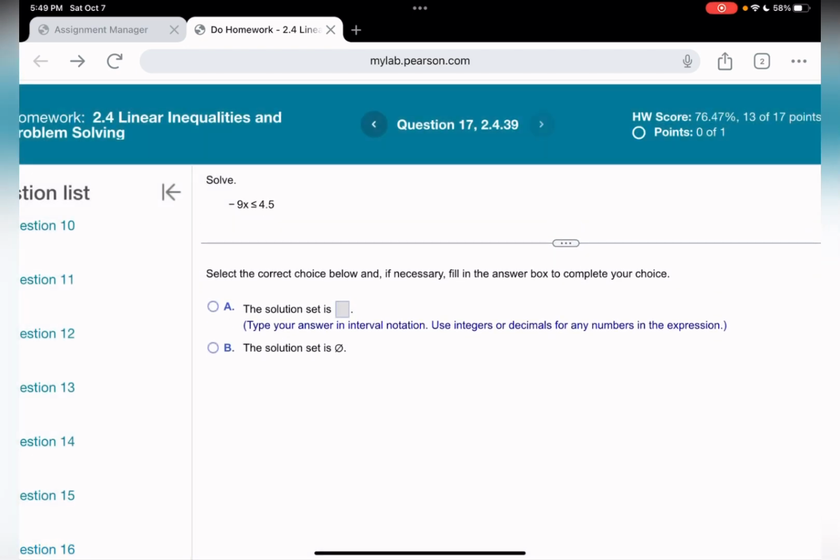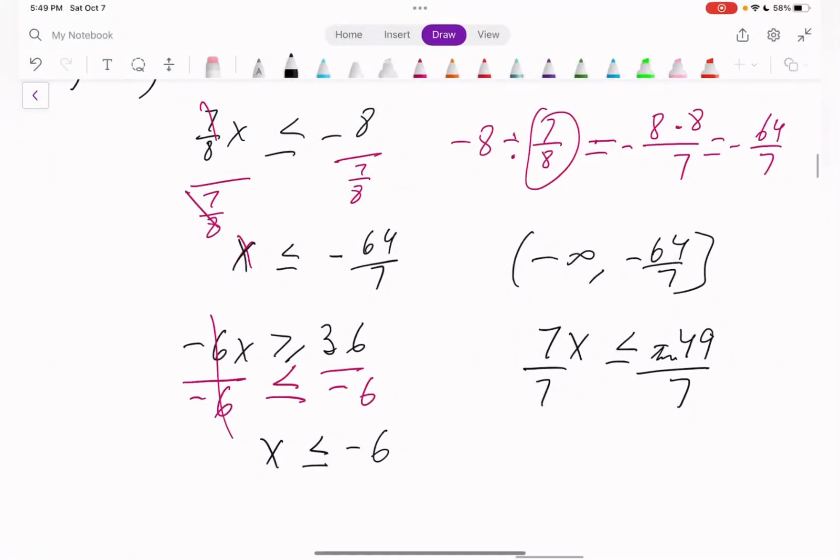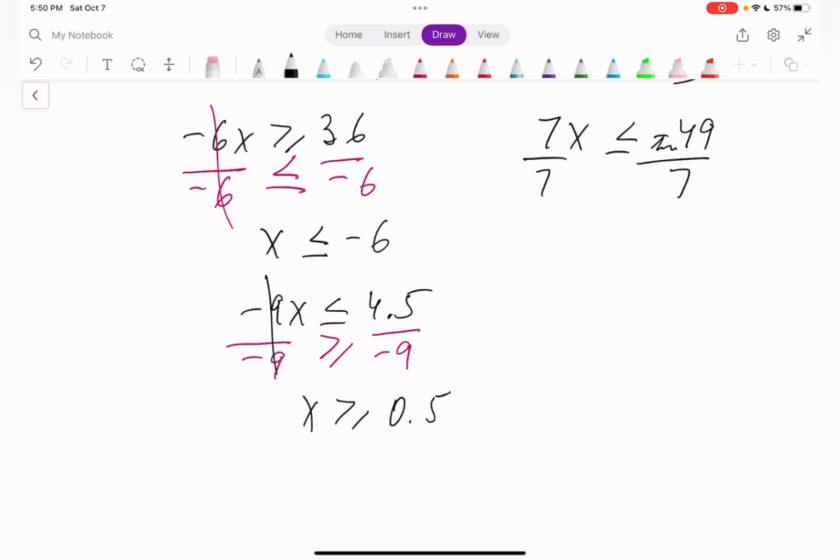Okay, same way. Dividing by negative 9, it's going to flip, so x is going to be greater or equal negative 0.5. Let me write it down. So my x is greater or equal negative 0.5, because I have negative 4.5.